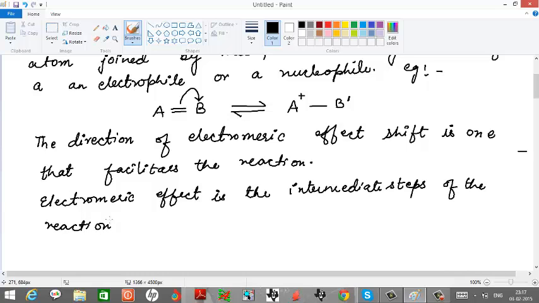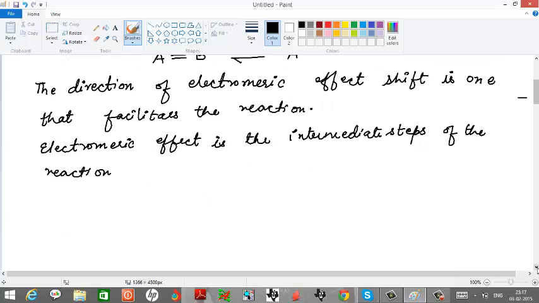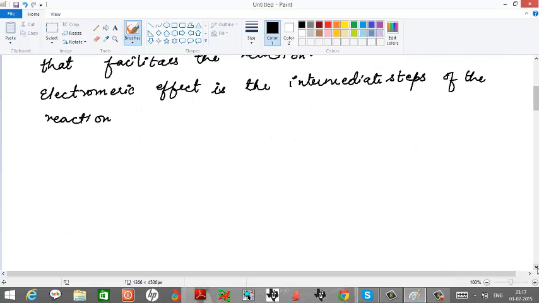Now, for example, let's take an electrophile attacking vinyl chloride.